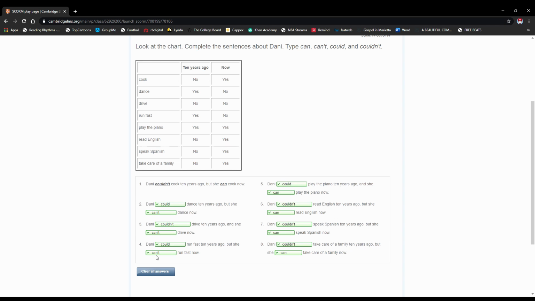So I want you to be proactive in learning English, okay? To engage the class, to engage the books, and to really make use of what you have.